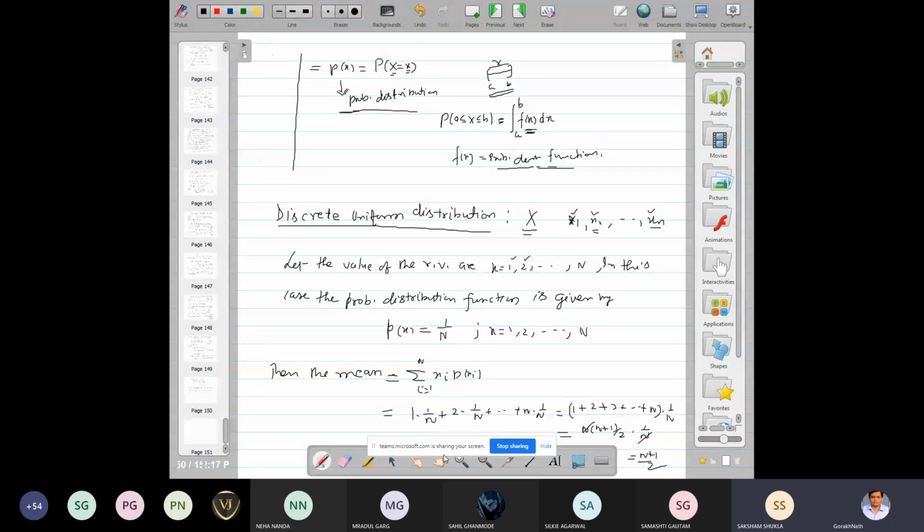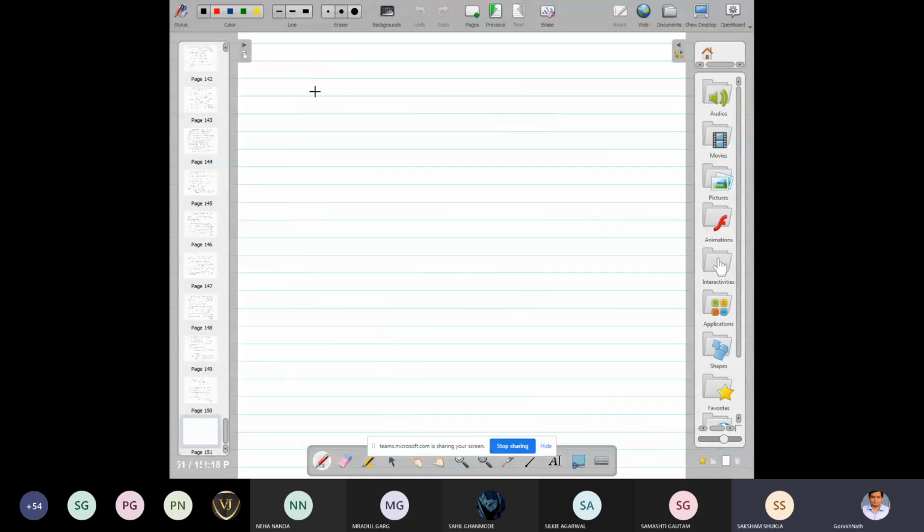Variance, similarly we can find the variance. The variance of x is equal to summation xi square pi minus x bar square.